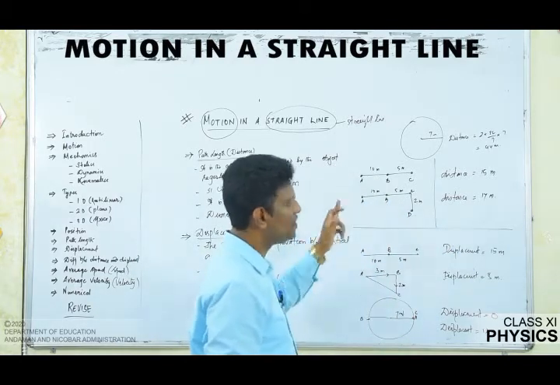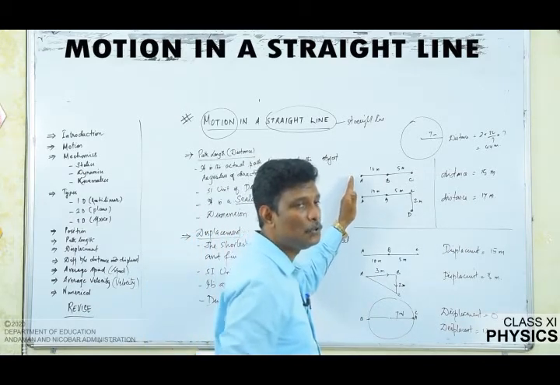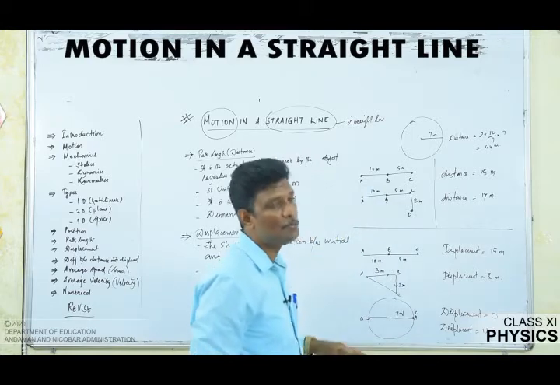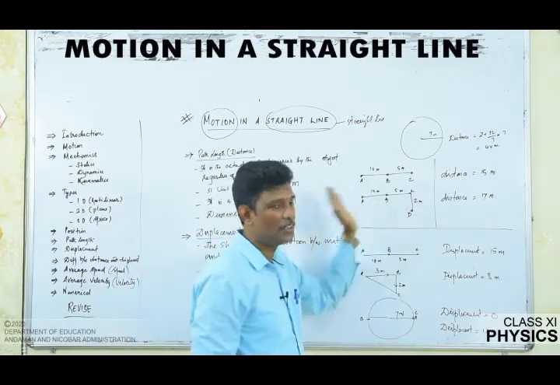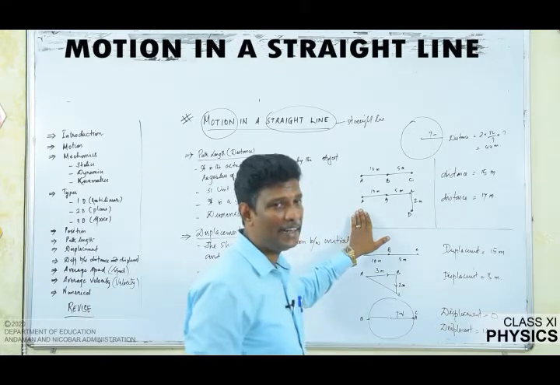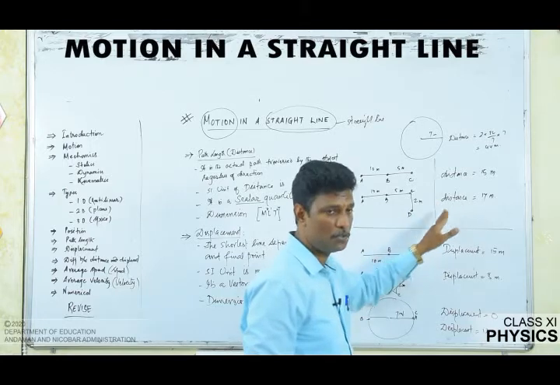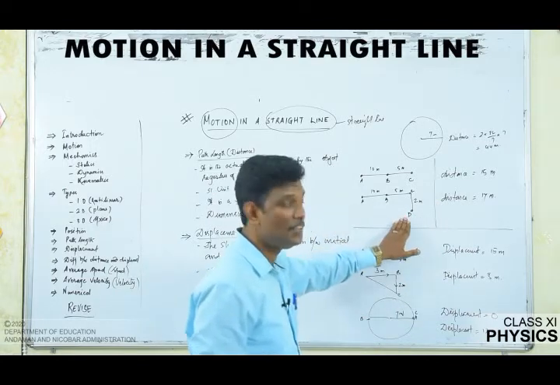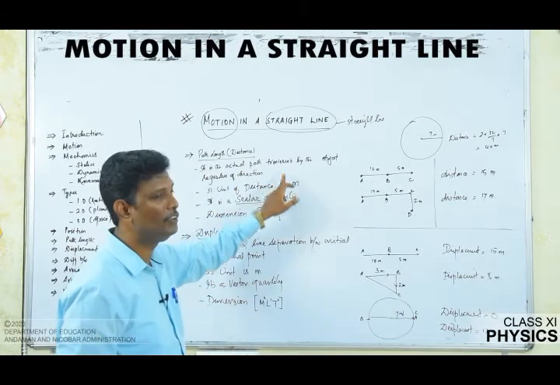In both cases, you might have noticed that in the first case there is no change in direction, the body is moving in a rectilinear path, so we are adding all this. If there is a change in direction, we might expect a change in distance, but we are not getting one, since the definition says it is the actual path traversed by the object.